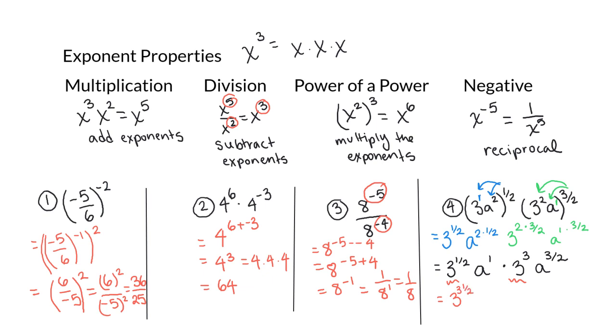And then for our a's, that would be a to the 1 plus 3/2. Which we could simplify to 3 to the 7/2 times a to the 5/2.